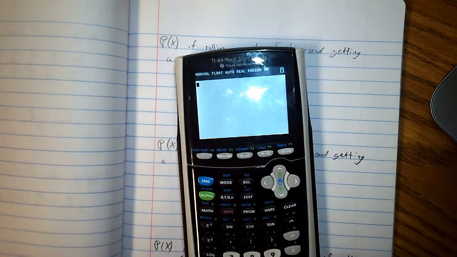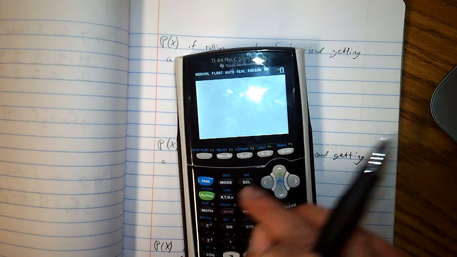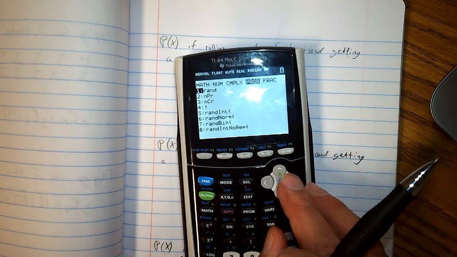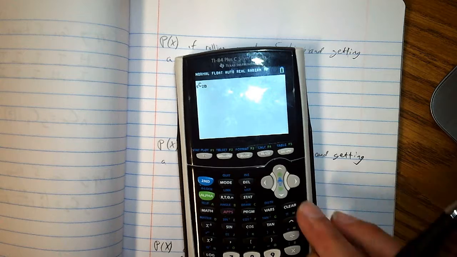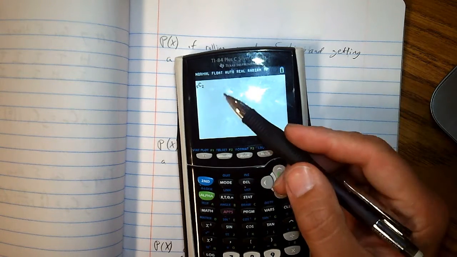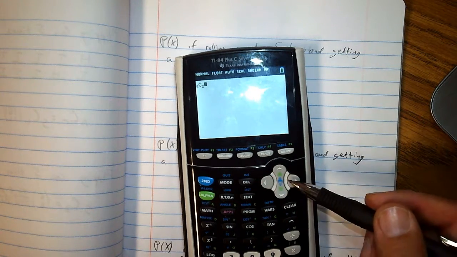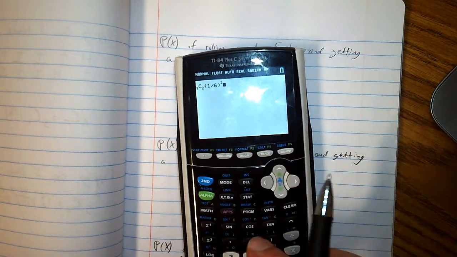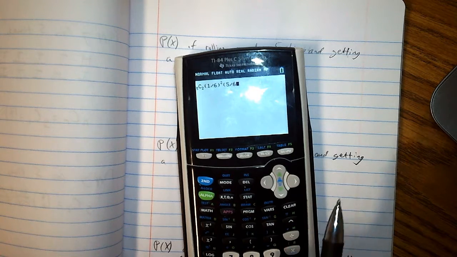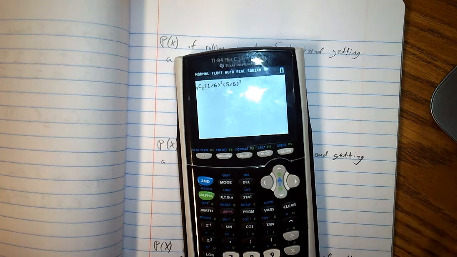5 combination 2. So I'm going to go ahead and do Math, Probability, 5 combination 2, and then right next to it, I'm not going to hit enter, I'm going to move to the right. I'm going to push 1 divided by 6, and there's 2 of those events. 5 divided by 6, we know there's 3 of those events.